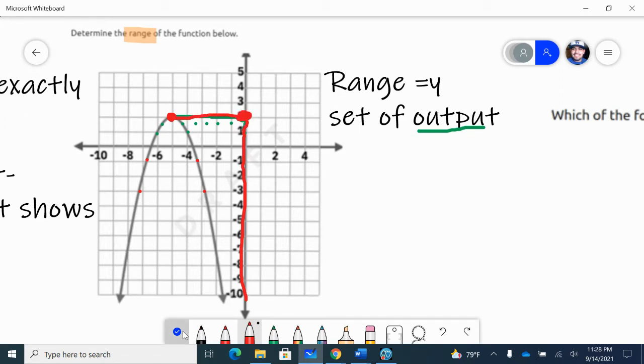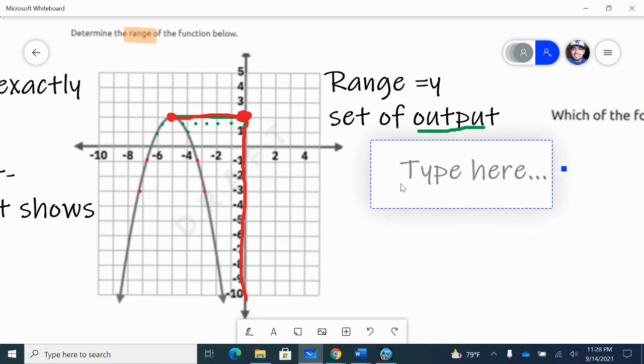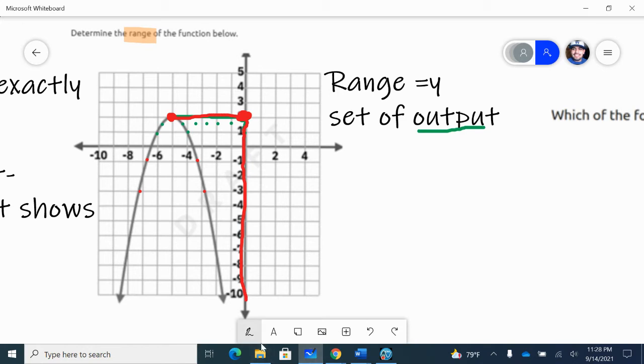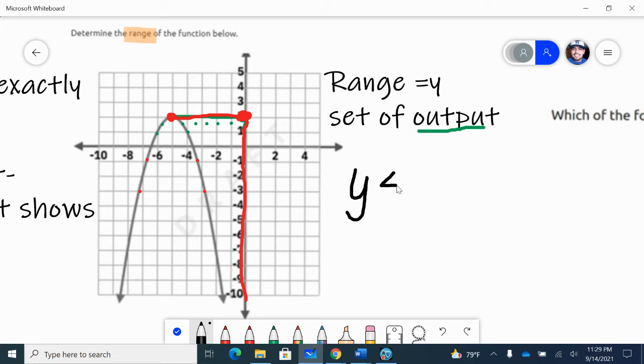So what is my range then? My range, I'll just write it out here: y, because it is my range, it's the output, is anything that is less than or equal to 2.